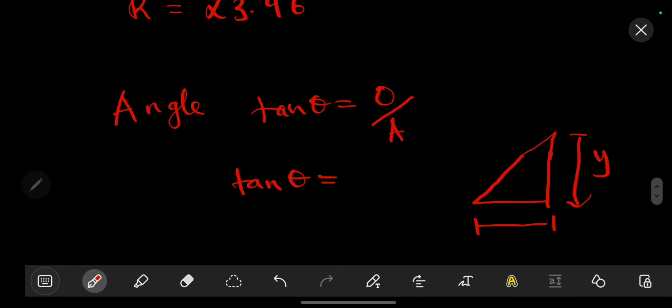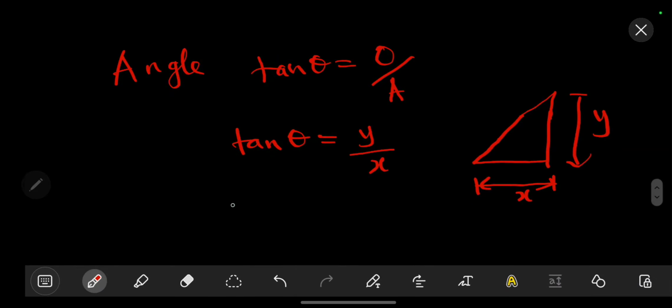Our other side, we are going to name x. So your opposite will be y, your adjacent will be x. So theta should be equal to tan inverse of the y component over the x component. This is what we are going to do to find the angle.